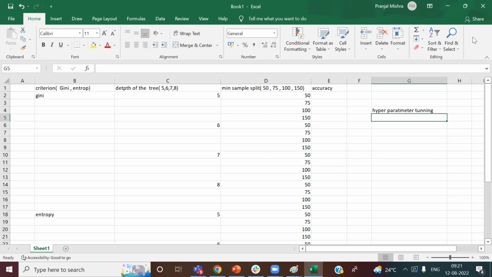Okay, guys. Open your Jupyter notebook, run your code. In meantime, even I will run my code.